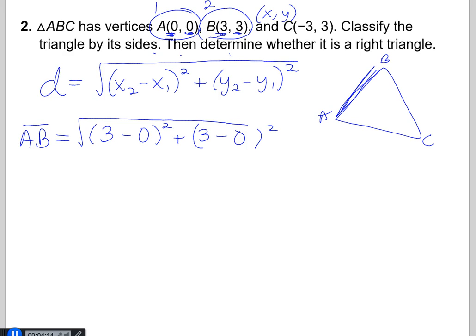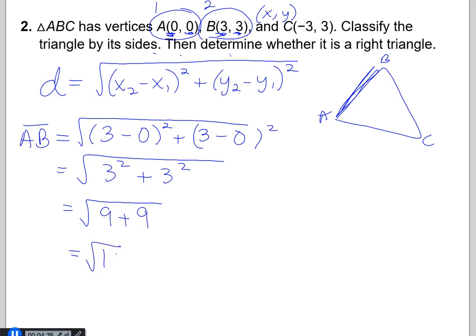Right, so now we do parentheses first, our grouping symbols first. So 3 minus 0, 3 squared, plus 3 minus 0, 3. Now we do our exponents. What's 3 squared? 9, because it means 3 times 3. So 9 plus 9, 18.